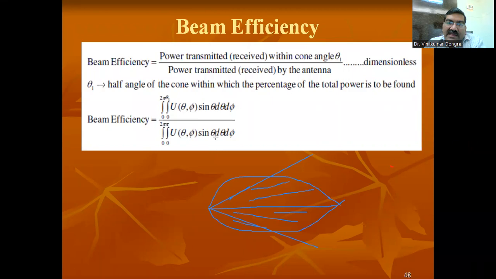But if I take another example, now this antenna has a back lobe. Suppose this is a back lobe.